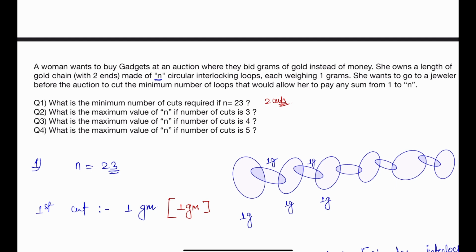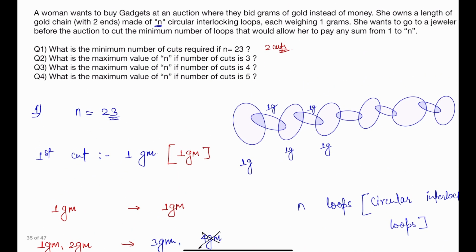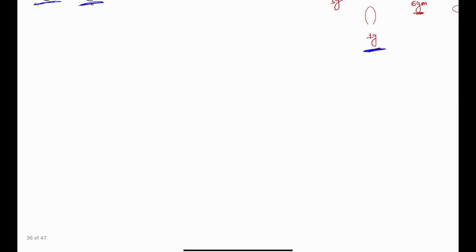Coming to the next question: what is the maximum value of n if the number of cuts is 3? This is also a good question. The number of cuts is given as 3.